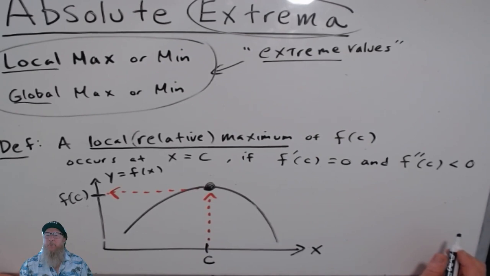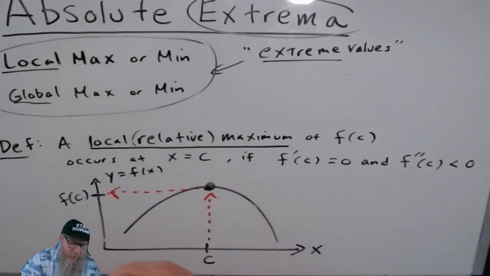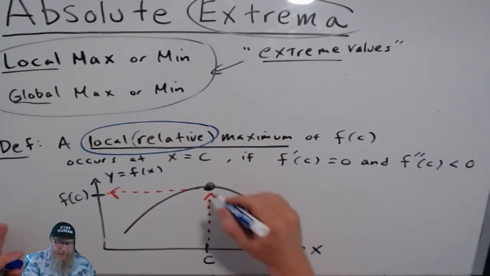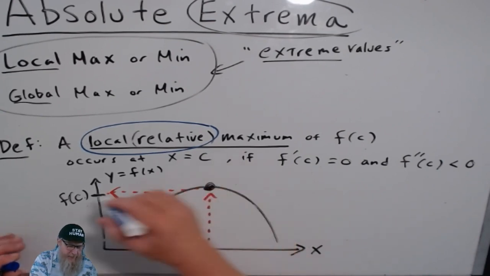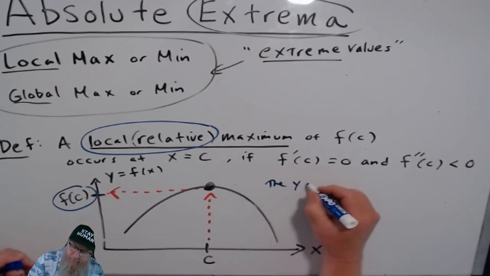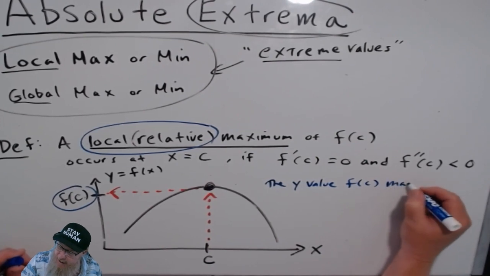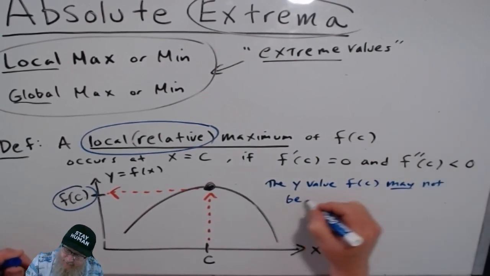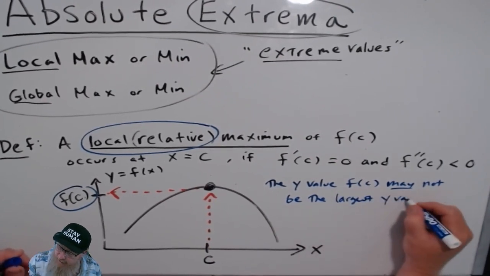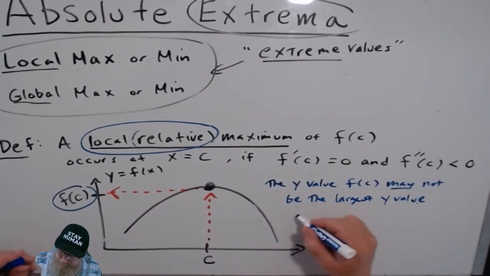All right, so why do we use the word local? Well, we use the word local or relative because this y value f of c may not be the largest y value in the whole world.